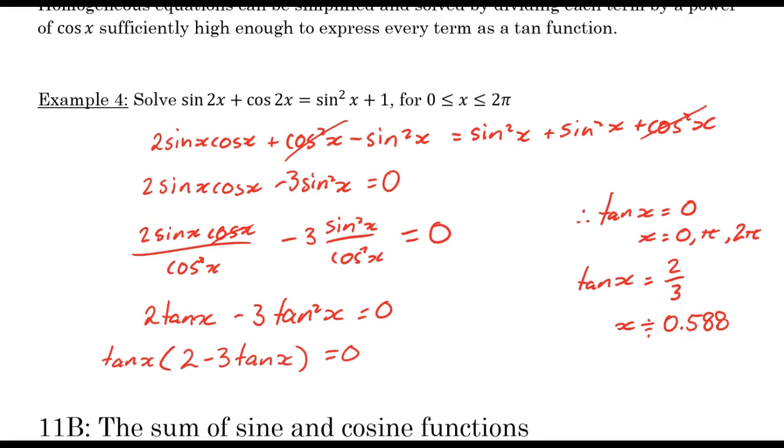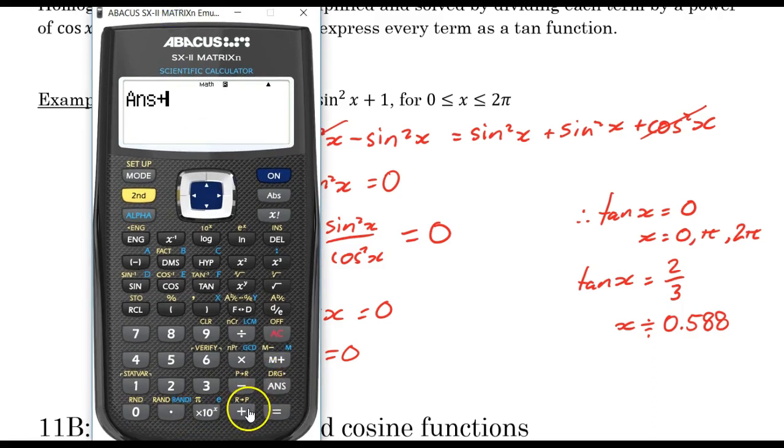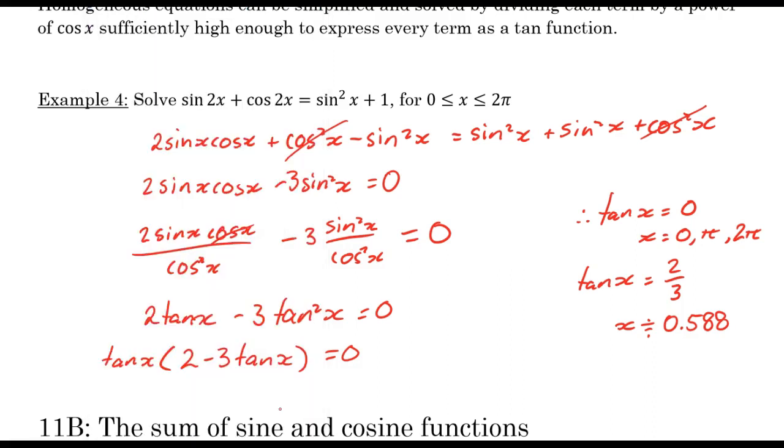Okay, so that's the first quadrant answer. The third quadrant solution is going to be that number plus pi. Grab the calculator again. That plus pi is about 3.730. Rightio, so getting a bit scruffy there because we didn't have an exact value.